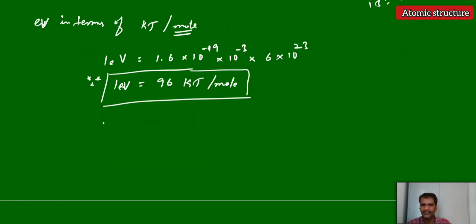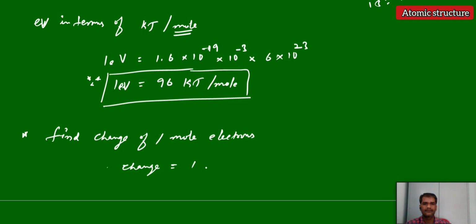Based on this, we'll see basic questions here. Find the charge of 1 mole of electrons. 1 Faraday. Charge of 1 mole of electrons, how much will we get? 96,500 coulomb, 1 Faraday.